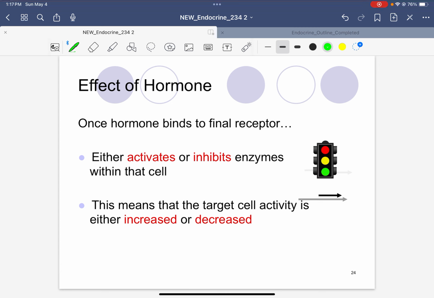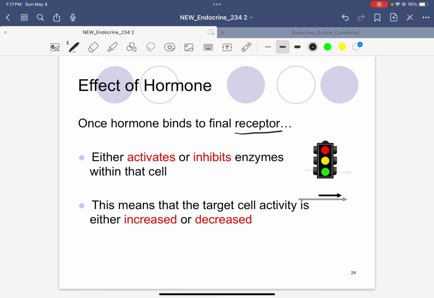What happens is, and I have a picture of a red light, green light here on purpose, when a hormone binds to a receptor, it has basically one of two things it will do.